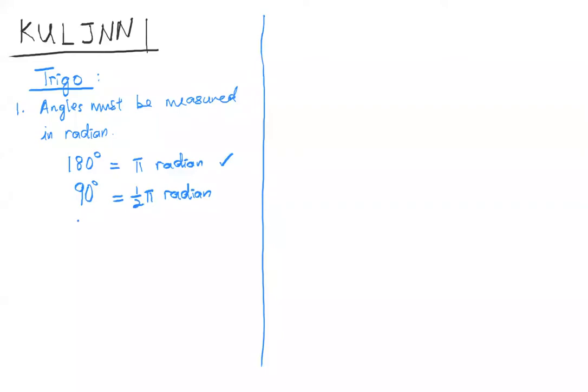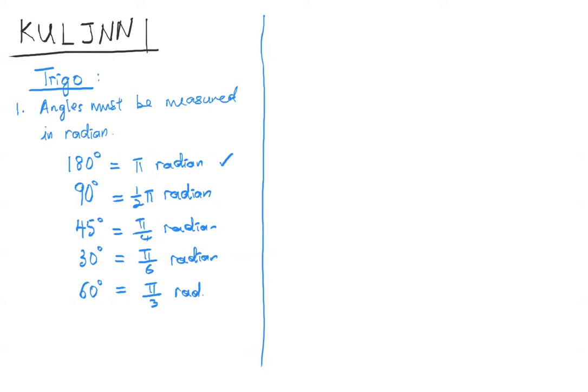So there are a few important angles you have to know in radian. 45 degrees, pi by 4 radian. 30 degrees, pi by 6 radian. 60 degrees, pi by 3 radian. Radian, you can write short RAD.